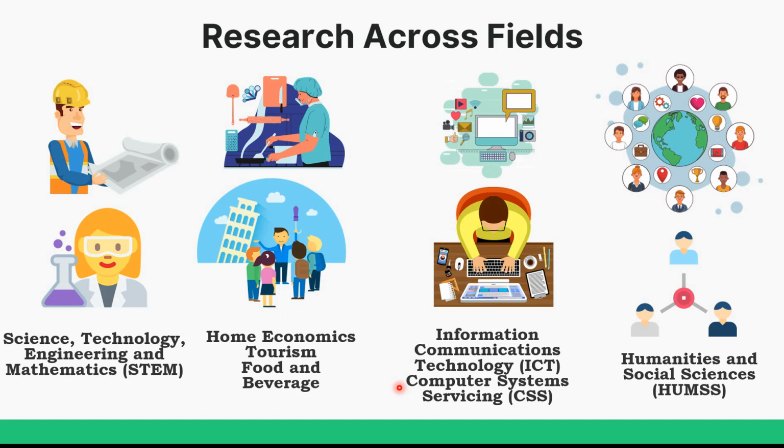In this area, the researchers may look into intelligent systems, website development, internet marketing, fog computing, big data technology, digital tools, and the like. In the area of humanities and social sciences, or HUMSS, researchers may look into man's behavior and interactions in various areas such as political, cultural, social, environmental, and economic settings. They study human experiences, its significance and meaning.